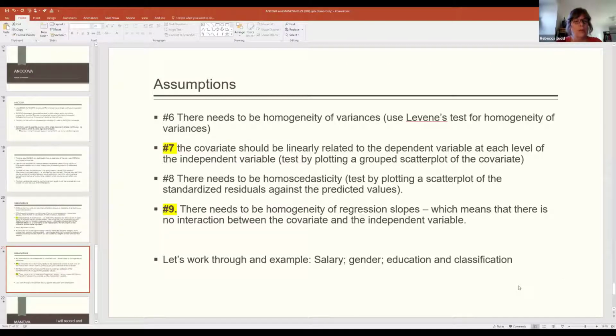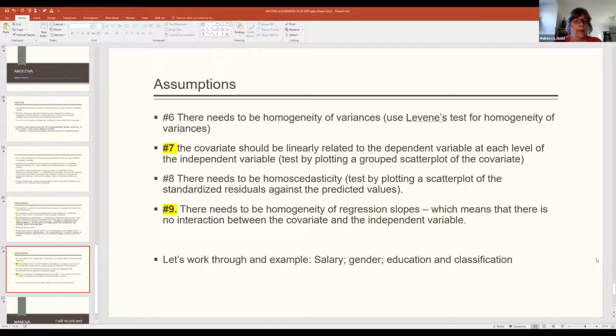There needs to be homoscedasticity, again tested by plotting a scatter plot of the standardized residuals. And there needs to be homogeneity of regression slopes, which means that there is no interaction between the covariate and the independent variable. So that's a new one also.